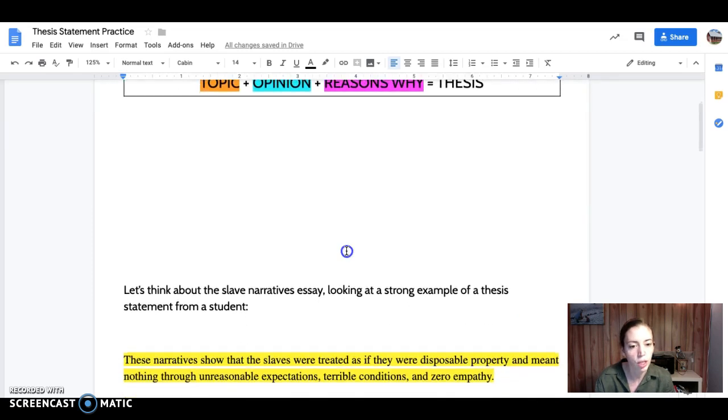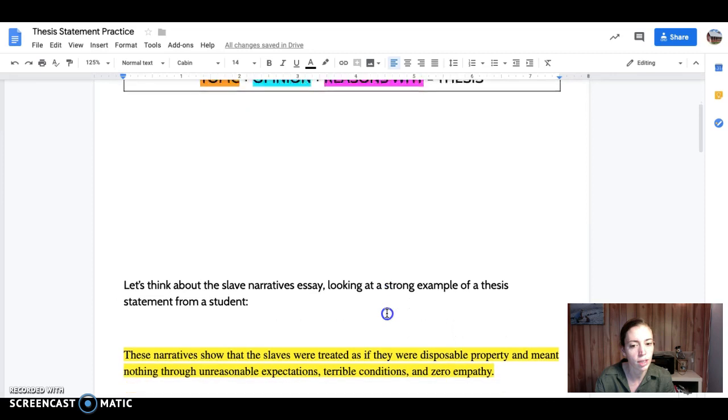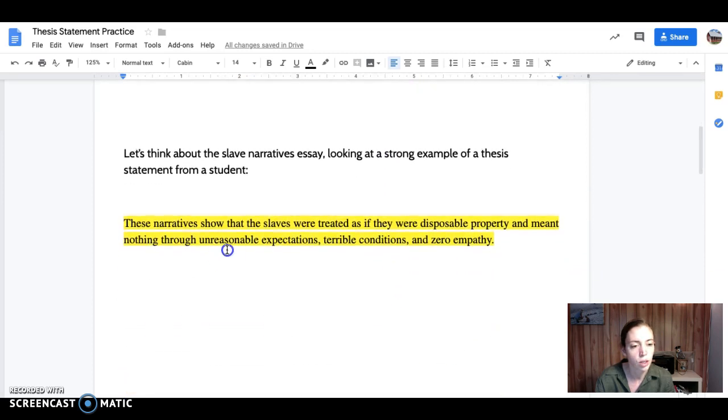If we think about our slave narratives essay, and we just went over that example together, let's look at a strong example from a student from our last one. So this student said, these narratives, so slave narratives, show that the slaves were treated as if they were disposable property and meant nothing through, here's first reason why, unreasonable expectations, terrible conditions, and zero empathy.